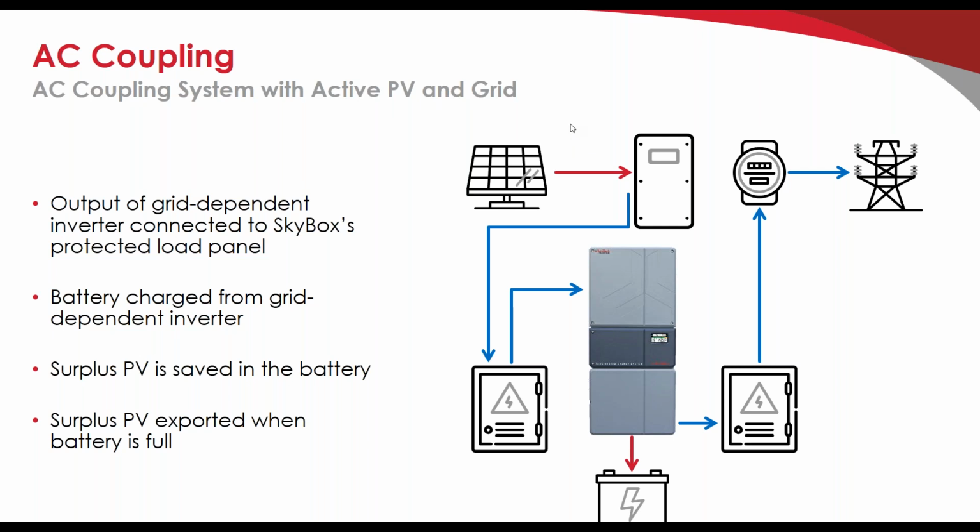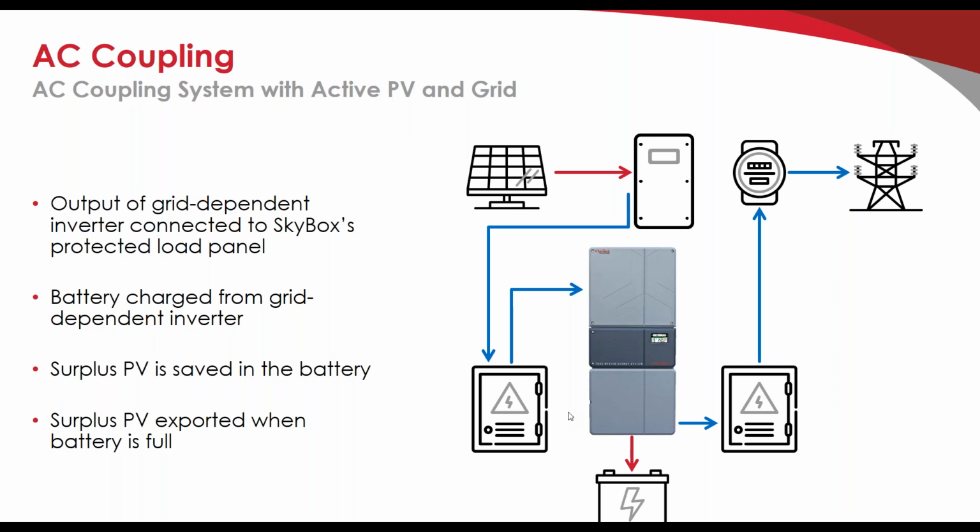So let's see, this would be the condition in which it could do that. So you would be AC coupled with active PV. It would be the middle of the day, and the grid dependent inverter would be producing up to its maximum nameplate. And your loads would be small.